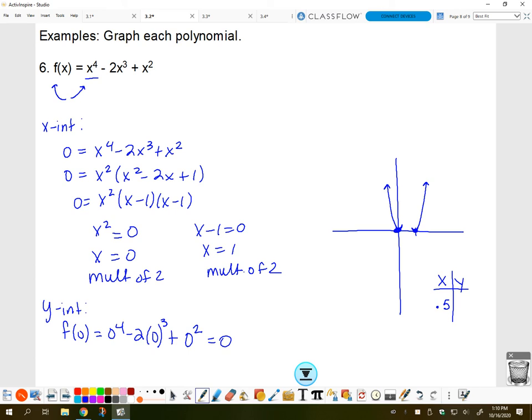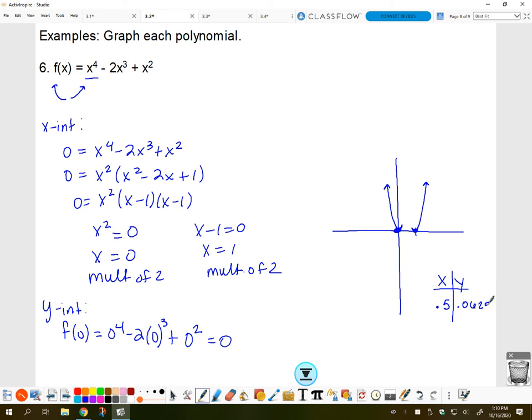I suggest that you go to y equals on your calculator, type in the function, use the table feature to figure out the missing values that you need for your table, because sometimes it'll be more than just one.